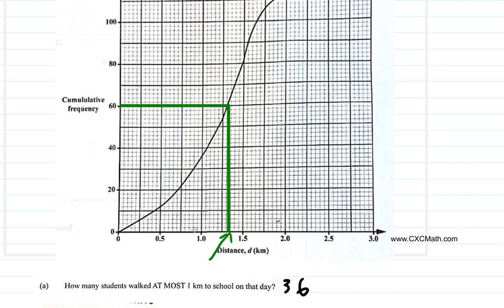So now you have 1 kilometer plus, how many 0.05 do you go? 1, 2, 3, 4, 5, 6.